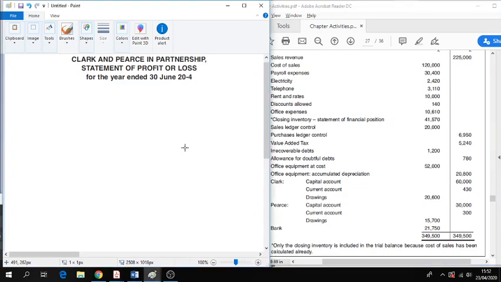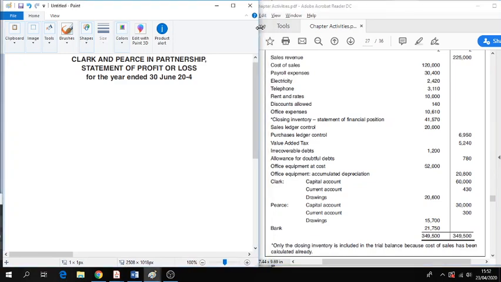Now, you can tell from the title, it is not a recent question. It is slightly out of date in terms of the title. For AQA, they would want you to call it perhaps Clark and Pierce in partnership, statement of comprehensive income.